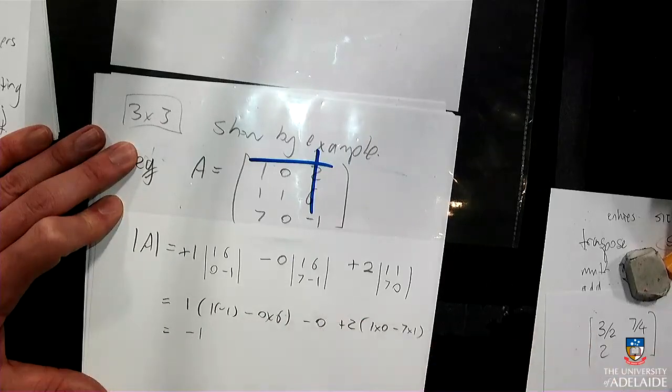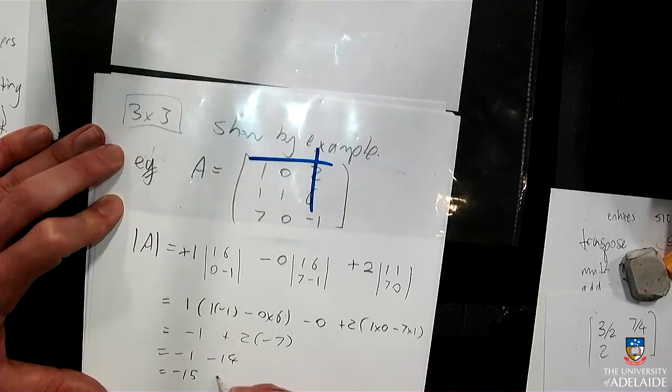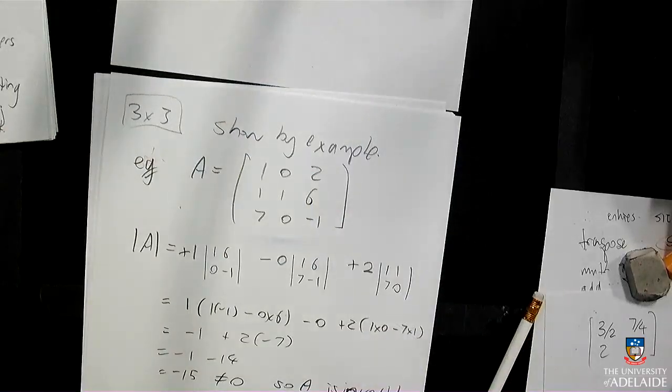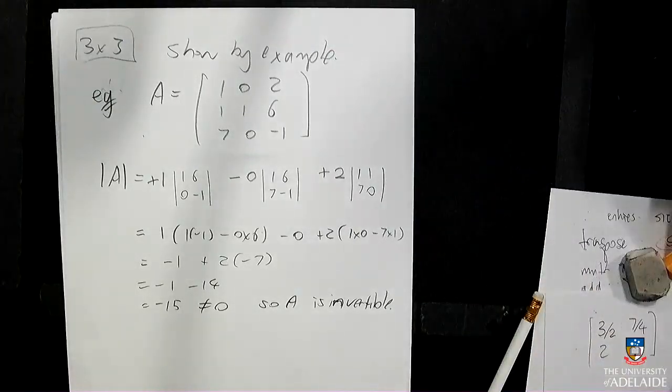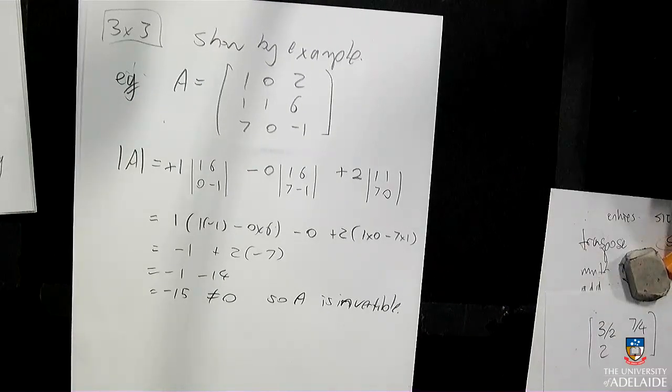The minus 0 is not going to make a difference. Plus 2 times minus 7, so I get negative 1 minus 14, which is negative 15, which is not 0, so A is invertible. And that's the traditional way to do it.